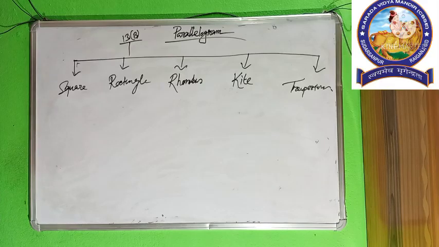So square means all sides are equal and angles are 90 degrees. What are the properties?